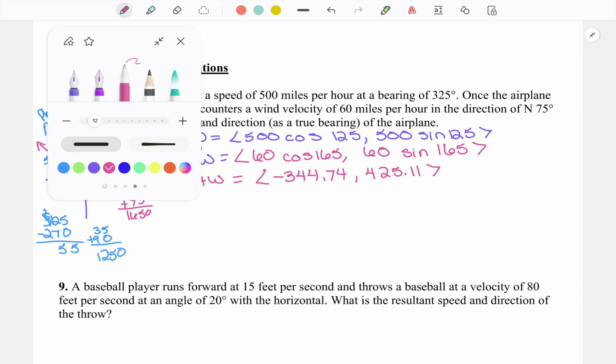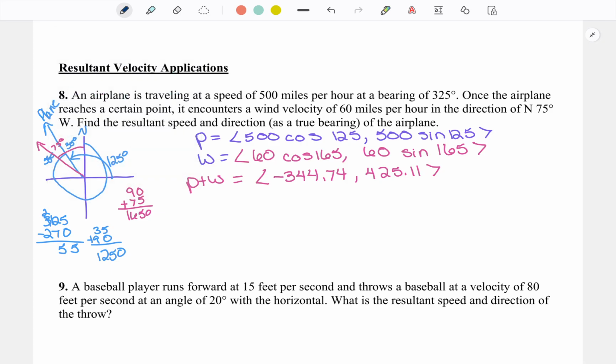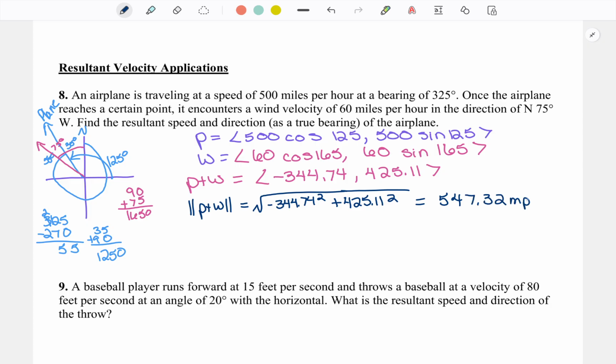So for our magnitude, we will have the square root of negative 344.74 squared, and then we have 425.11 squared. So that leaves us with 547.32 miles per hour.